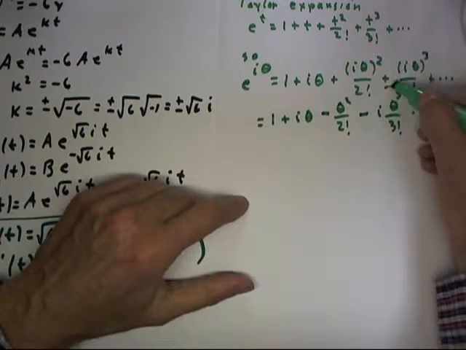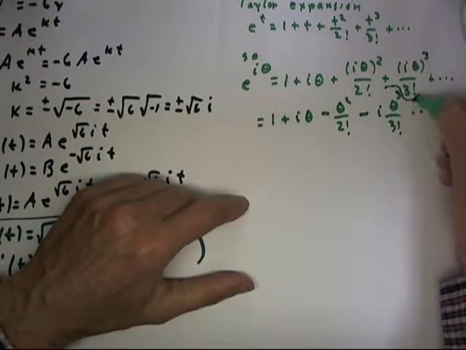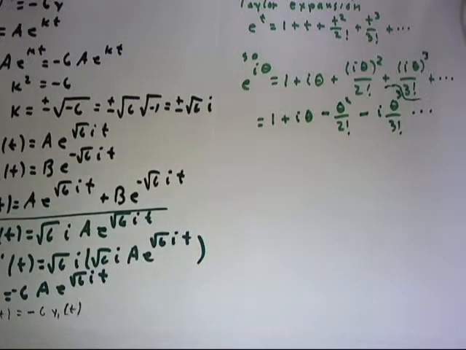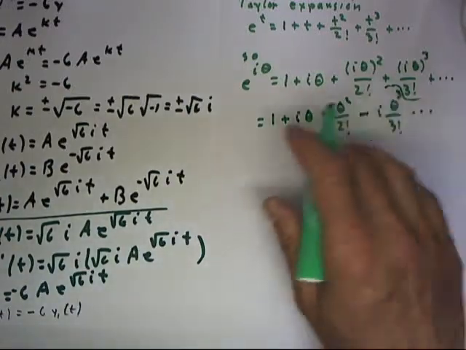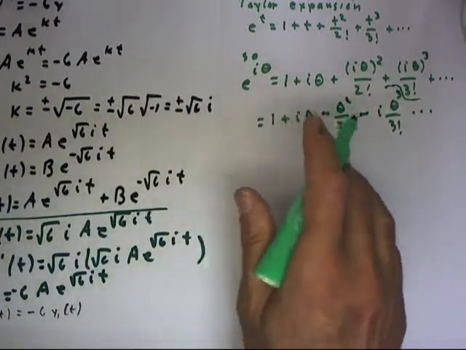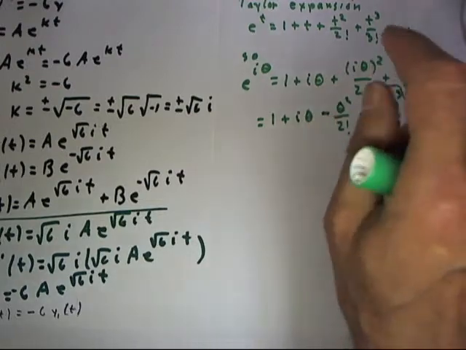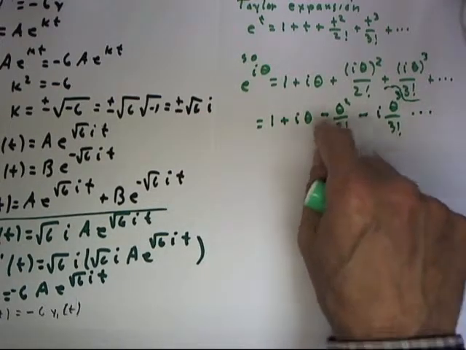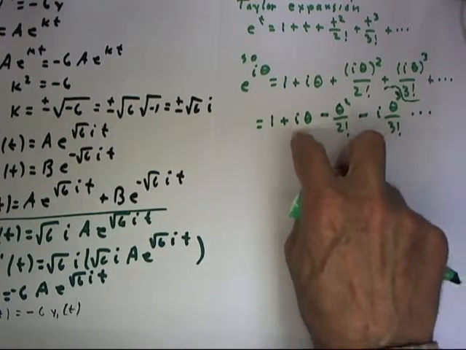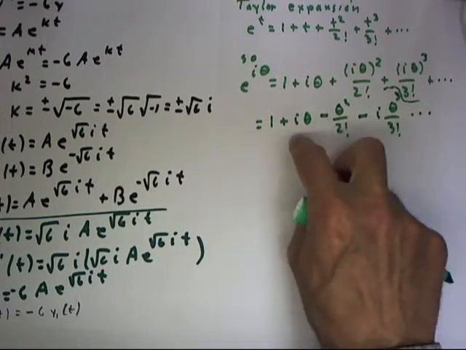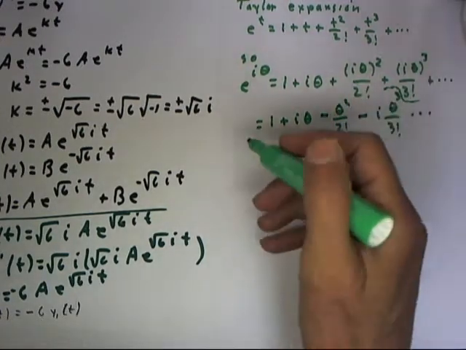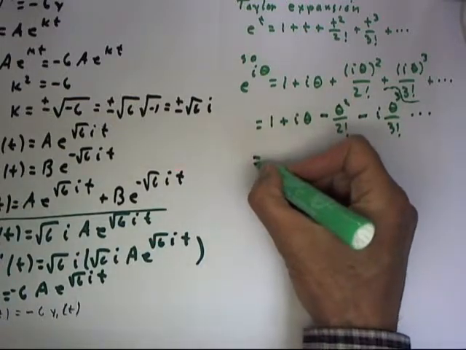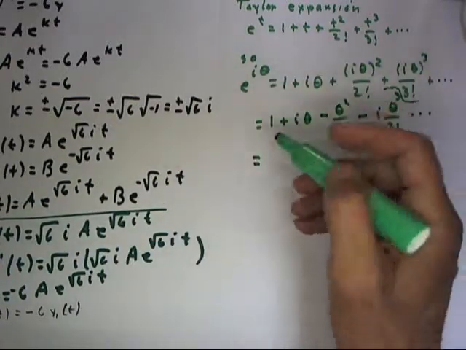And you can work out the terms. My 3 here and my 3 there seem to kind of be interfering with each other, so let's put a little line of demarcation there. Okay, now you notice that every other term of this expansion is going to be a real number with no i on it, and every other term is going to be a multiple of i. So we're going to separate the real and the imaginary terms.